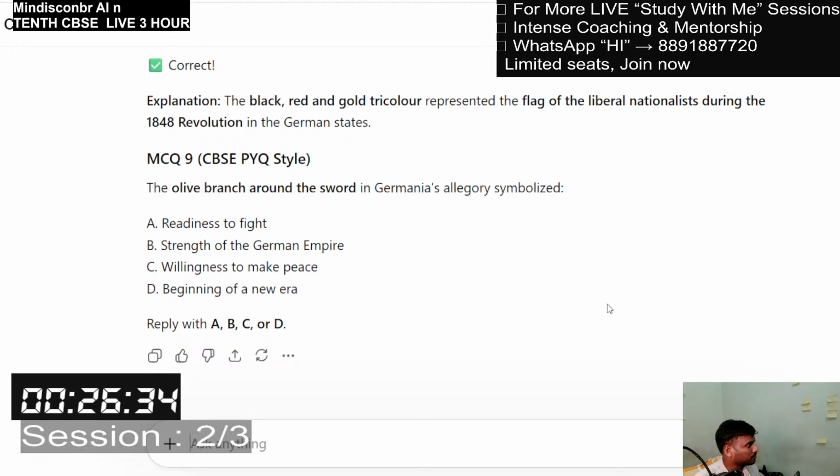Olive branch around the sword in Germania's allegory represents willingness to make peace.